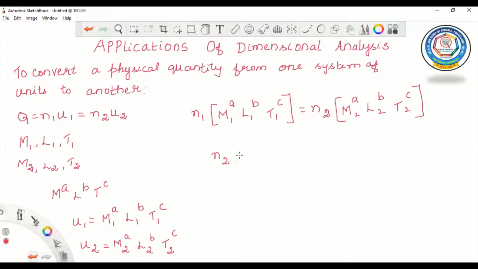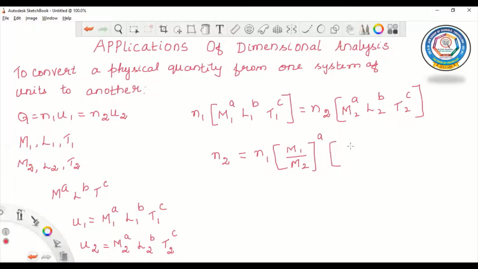Can we write it as N2 is equal to N1 into M1 by M2 the whole power A?